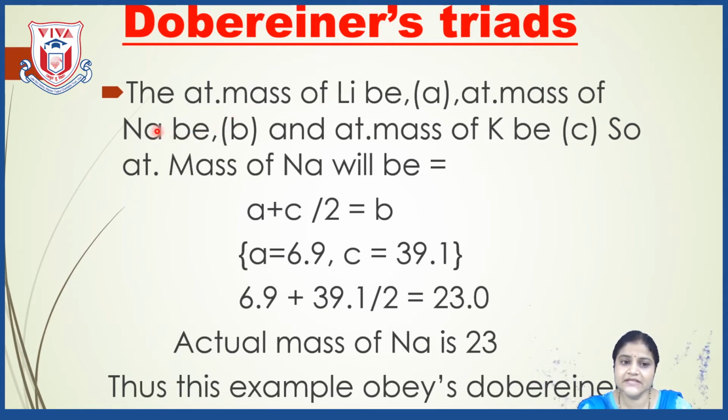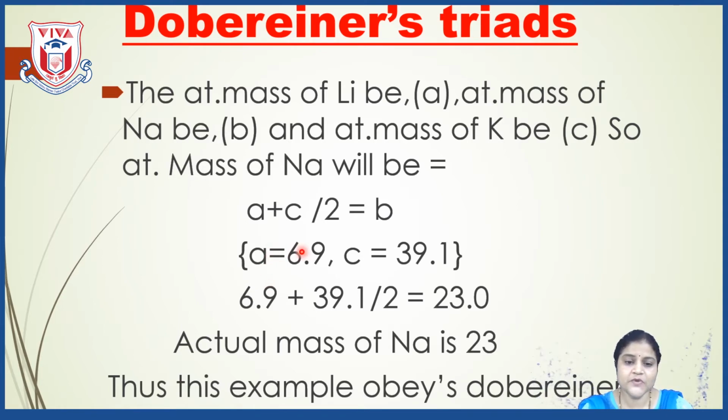Now we will see an example related to this. Let the atomic mass of lithium be A, the atomic mass of sodium be B, and the atomic mass of potassium be C. According to his law, A plus C, that is the atomic mass of lithium plus the atomic mass of potassium, divided by 2 will give the atomic mass of B, that is sodium.